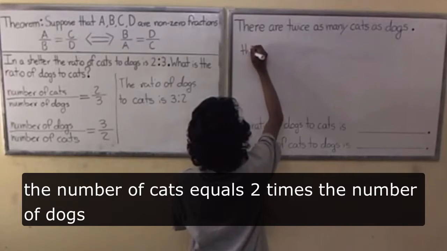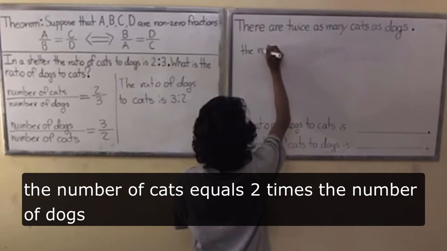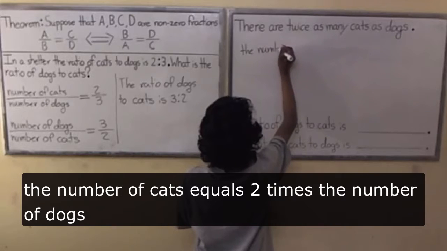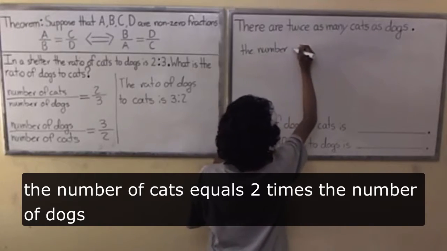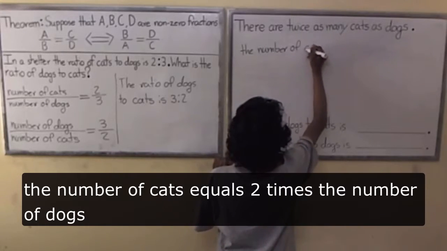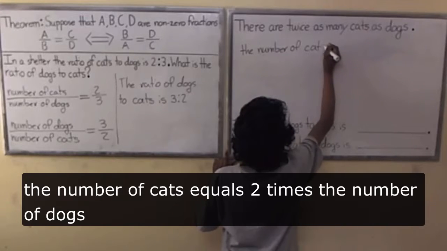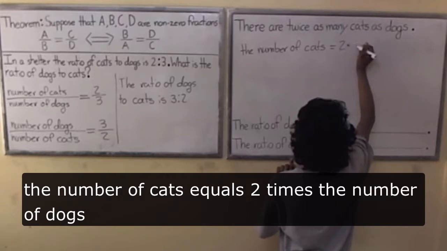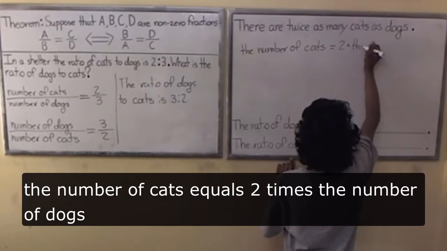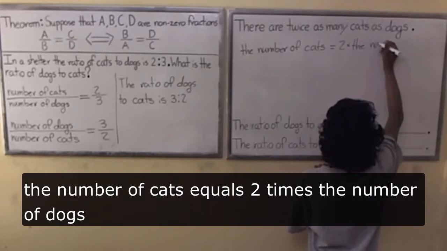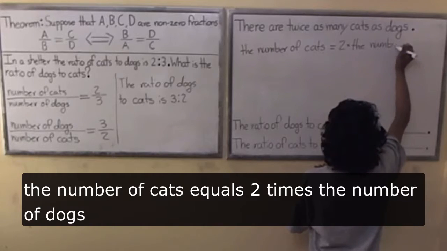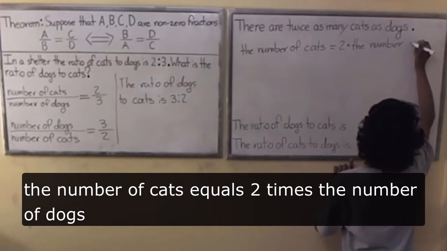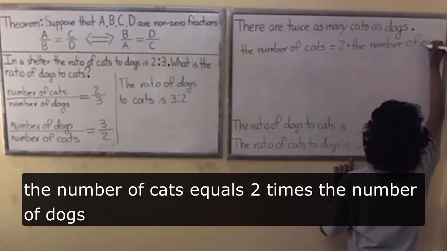The number of cats equals 2 times the number of dogs.